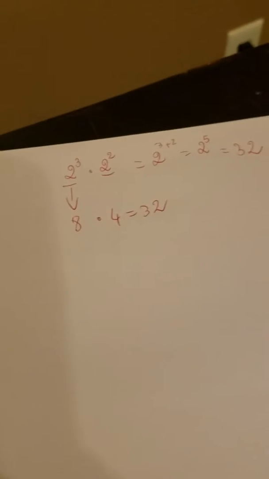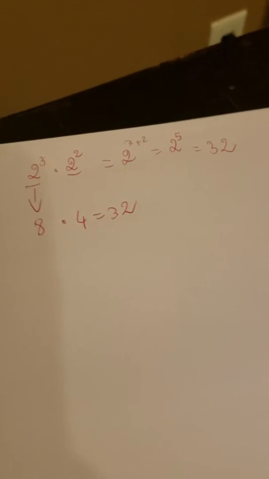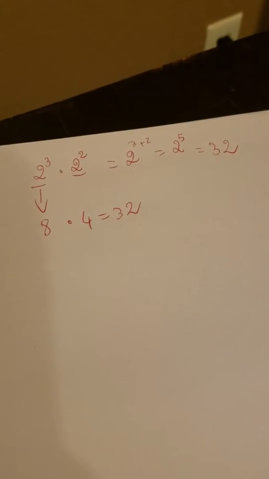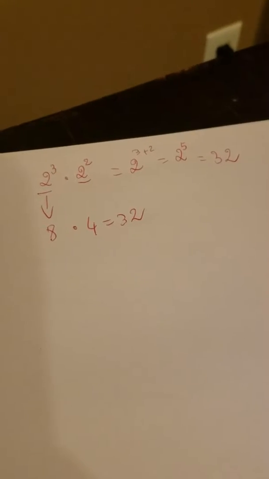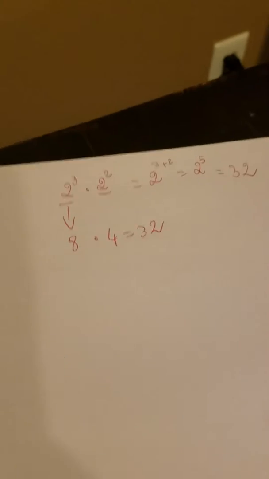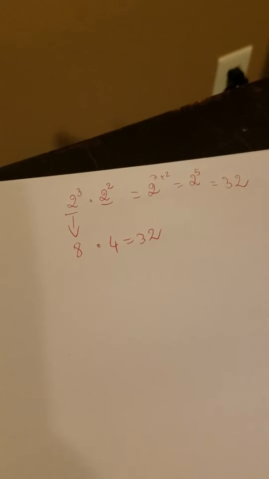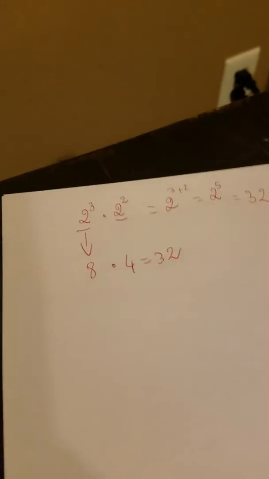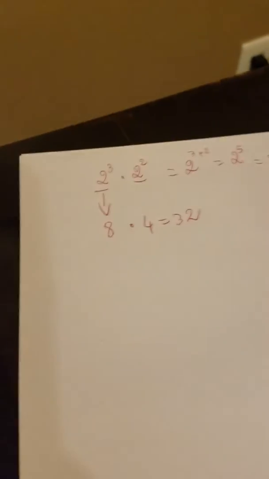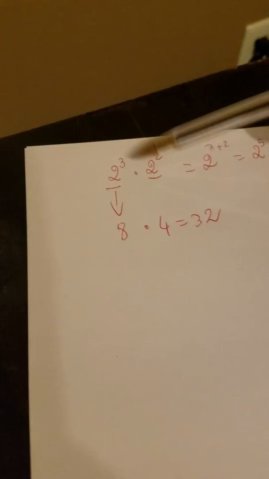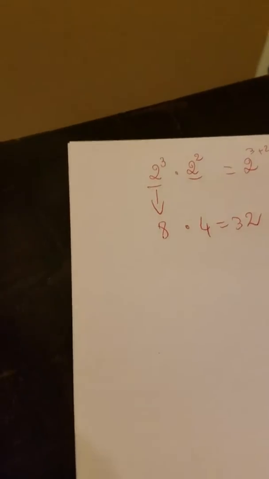But as you know, in math, there are many ways of doing something, and the techniques, the formulas, the rules are ways to find answers. In this case, the exponent rules are for finding shortcuts, simplifying expressions.